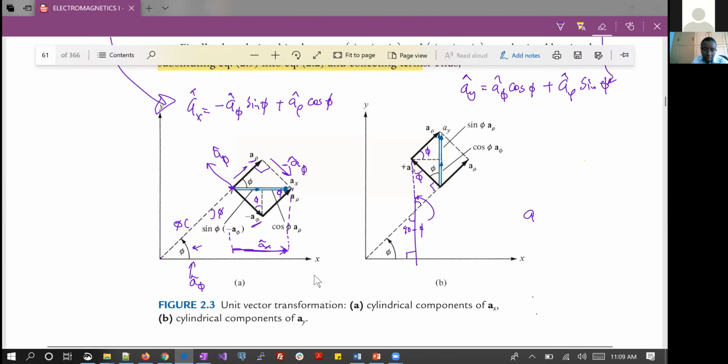Sine phi is going to be given by that small x prime, I think I can call it x1, divided by the hypotenuse, which is negative A phi cap.